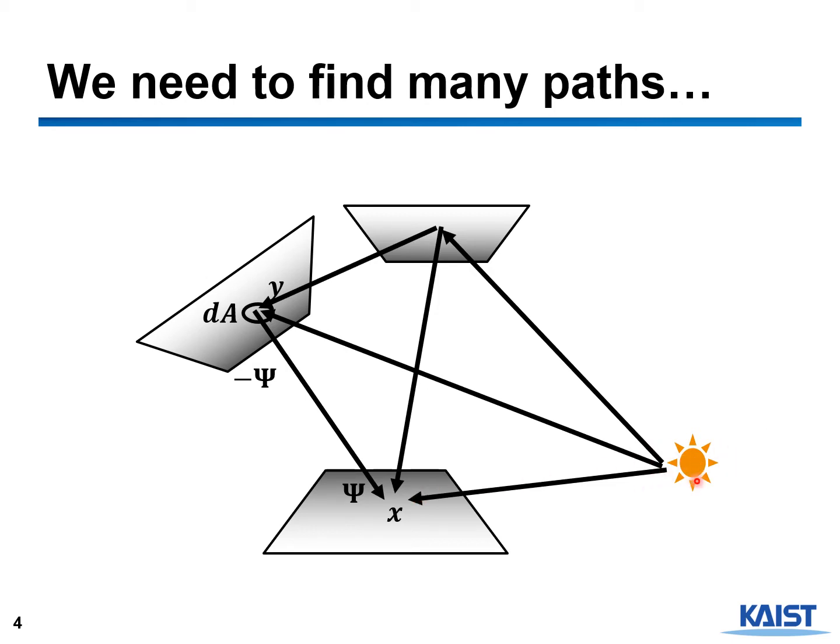There could be incoming radiance from the light source directly to x, or there could be one bounce from here hitting this surface and then hitting there. There is another path intersecting here and there, or there could be multiple bounces. The photon emitting from the light source, hitting there, and then ending up at x here. So there could be so many possible paths.